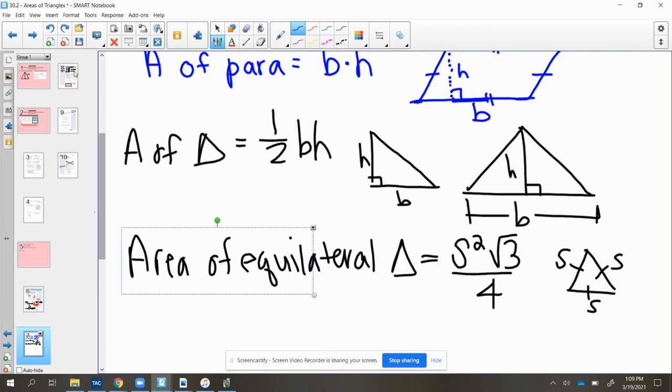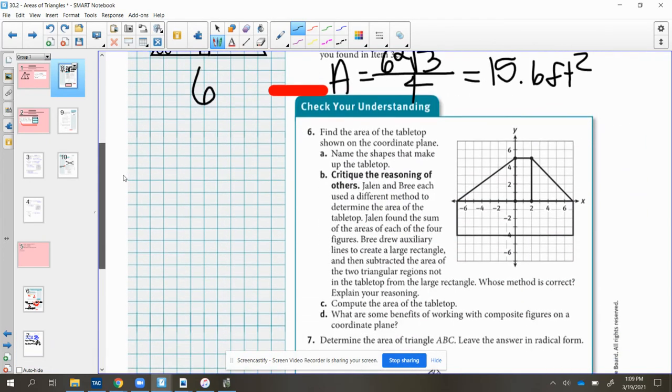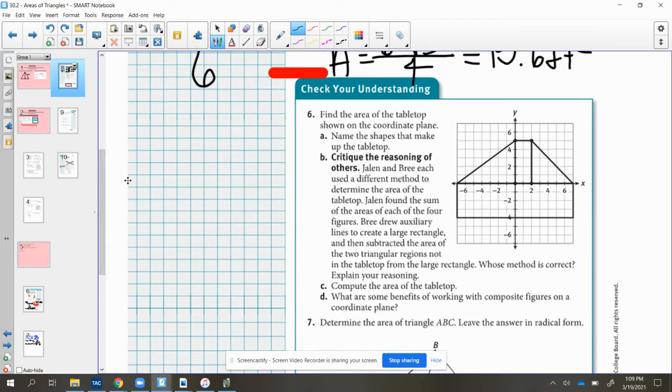Now, some other examples we will see with this is we can also use the area of a triangle to help us figure out the area of our composite figures. So in the prior lesson, we did this with just rectangular pieces, but we also now can do this with triangles as well. So again, break this up into a couple different pieces.